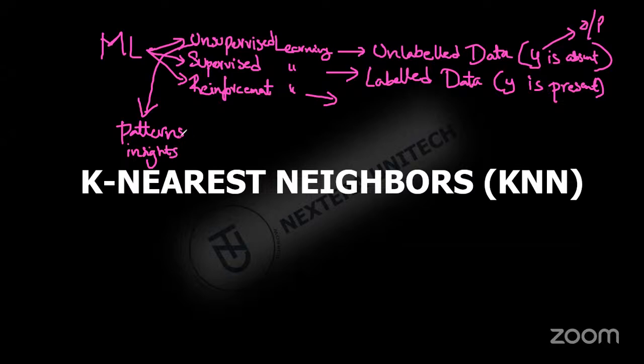Widely used algorithms under unsupervised learning include clustering. What is clustering? Clustering is nothing but making your data into groups. We'll group the data. We'll perform segmentation.